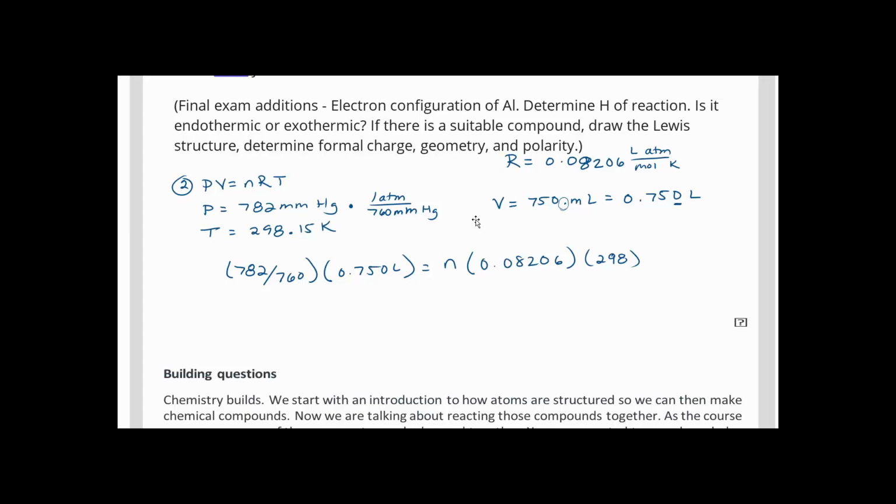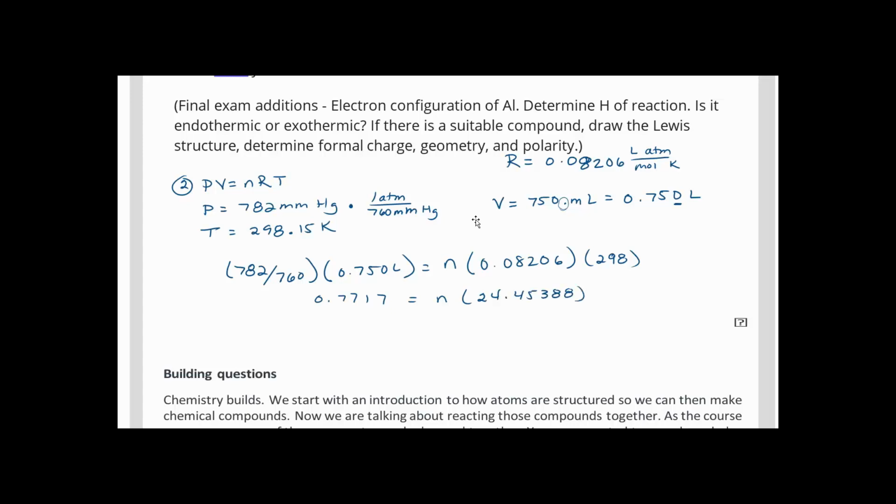I get 1.0289 for those of you keeping track. Then I multiply that by 0.75. So the left side of my equation becomes 0.7717, and that is going to be equal to N times the product of 0.08206 and 298.